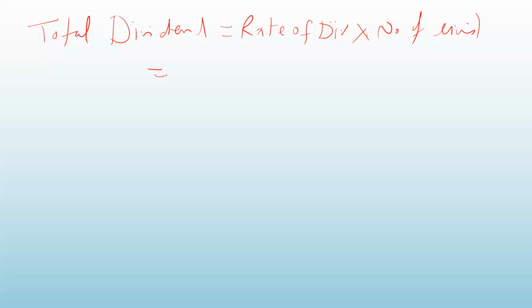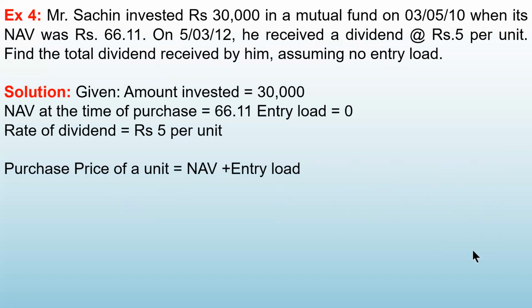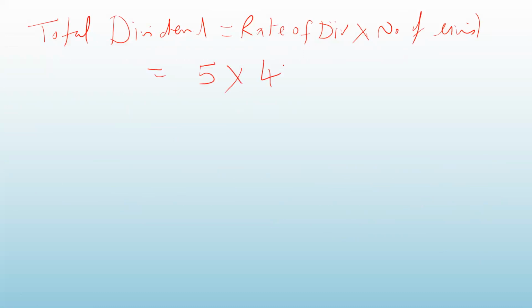You are given that rate of dividend is rupees 5. So 5 rupees on 1 unit, 5 per unit, and you are having these many units, 453.789. 5 multiplied by 453.789.